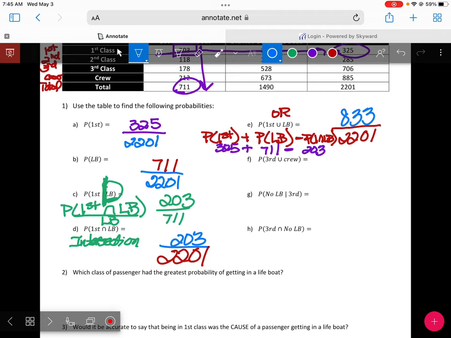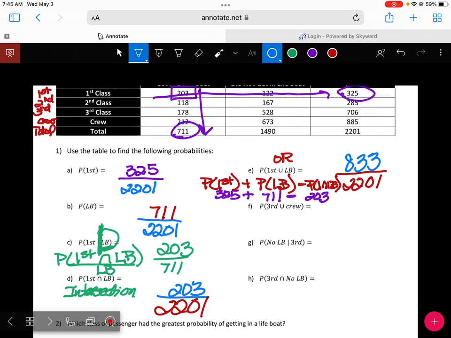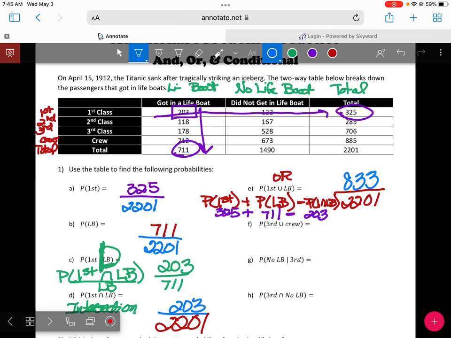And in an or statement, you take the probability of all the first ones plus all of the second things that you're looking at, which is, in this case, the lifeboat. So do you understand how I got 325 plus 711? Because 325 is everybody in first class, and 711 is everybody in the lifeboat.